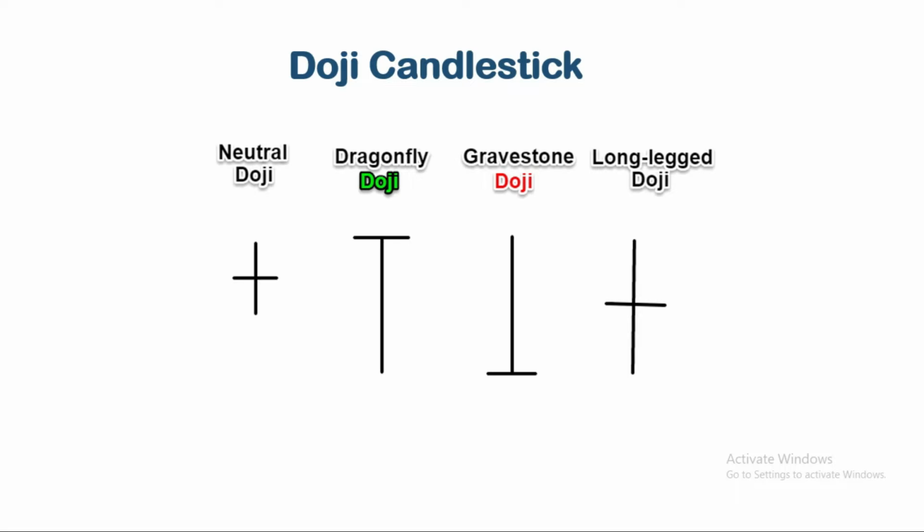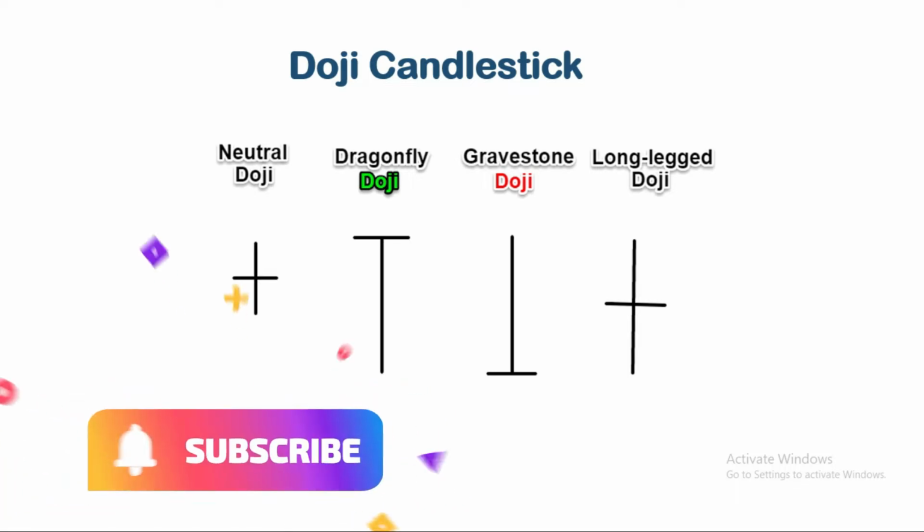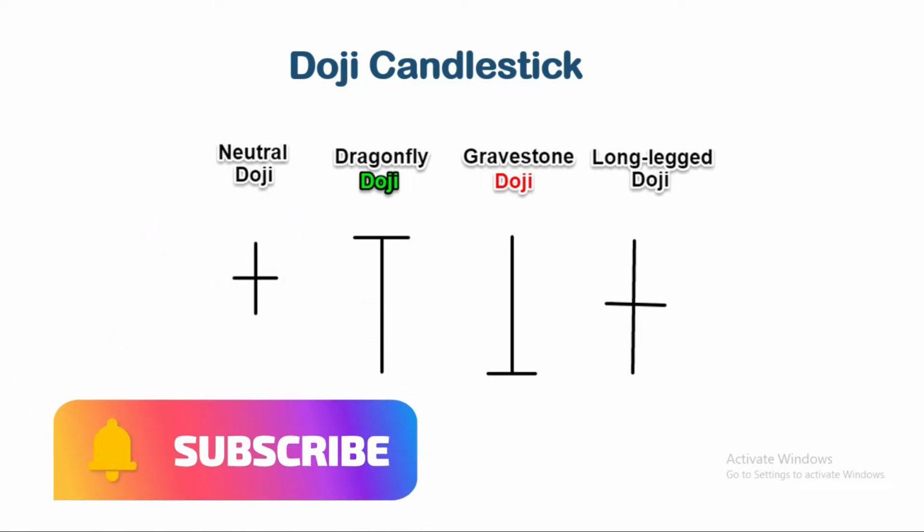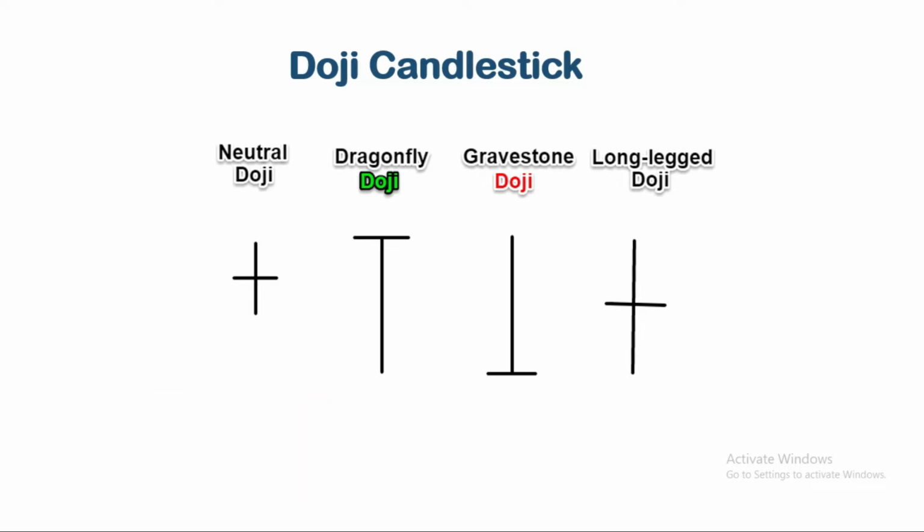This is the opposite of the dragonfly doji, where the price opens, then suddenly a buyer takes control and brings it all the way high, and then the seller becomes active. At the end of the time period the close price is the same as the open, which creates the gravestone doji, which we refer to as a bearish sign.